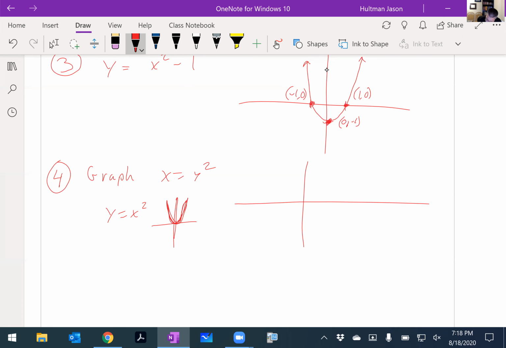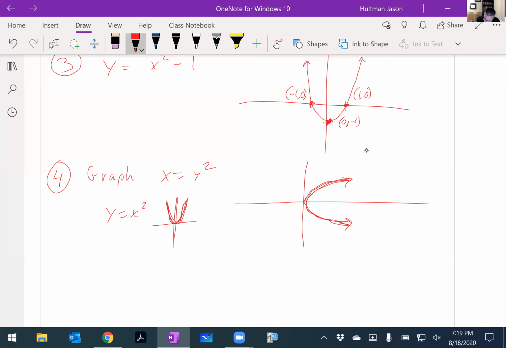But this guy, x equals y squared, is the parabola laying on its side. We've exchanged the domain and range, and so what was x is now y, and what was y is now x, and so it lays down.